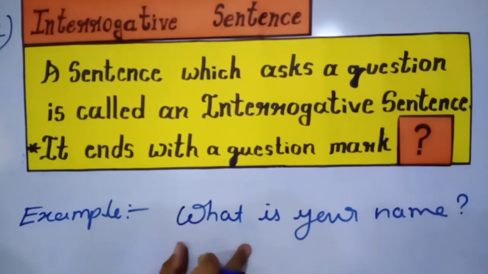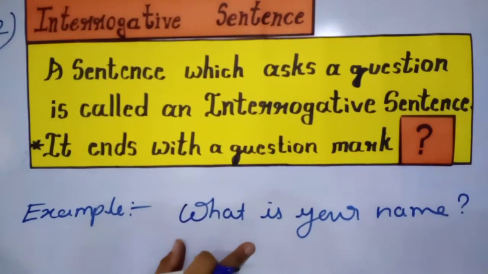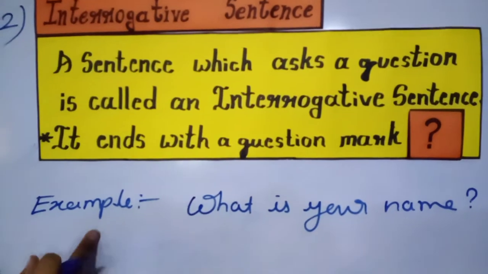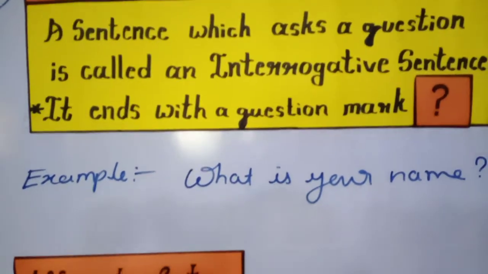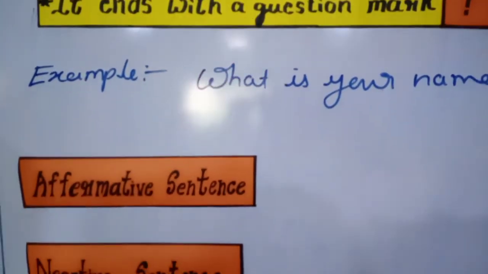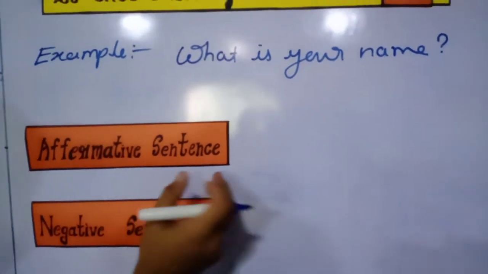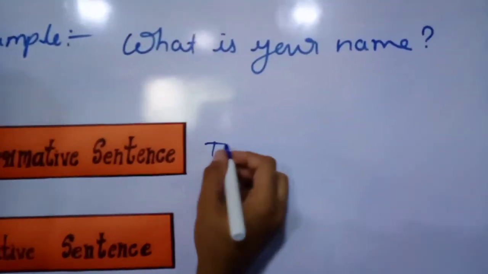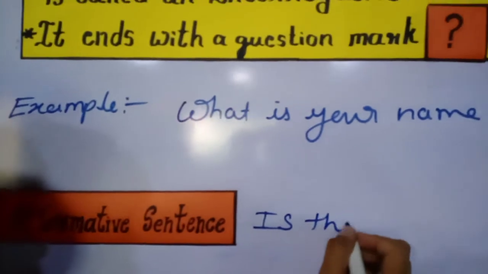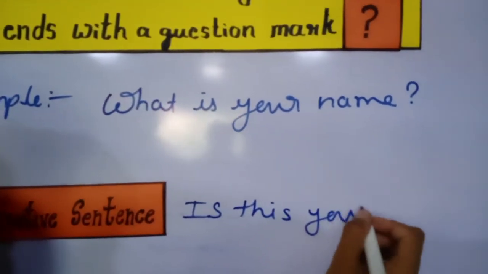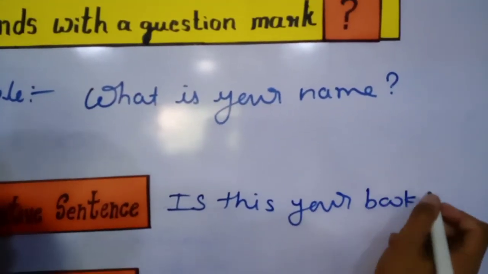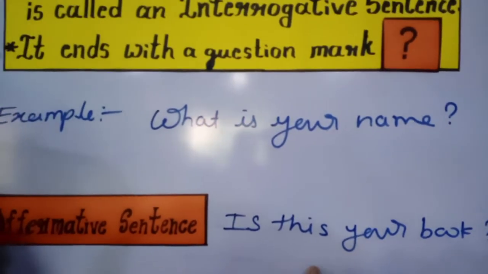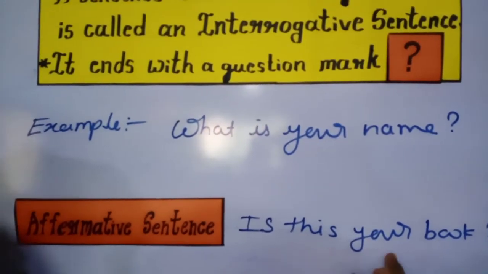So this is a kind of interrogative sentence. And interrogative sentence also affirmative sentence and the negative sentence. So what is the example of affirmative sentence? Let's see. Is this your book? And question mark means we are asking to them, is this your book?